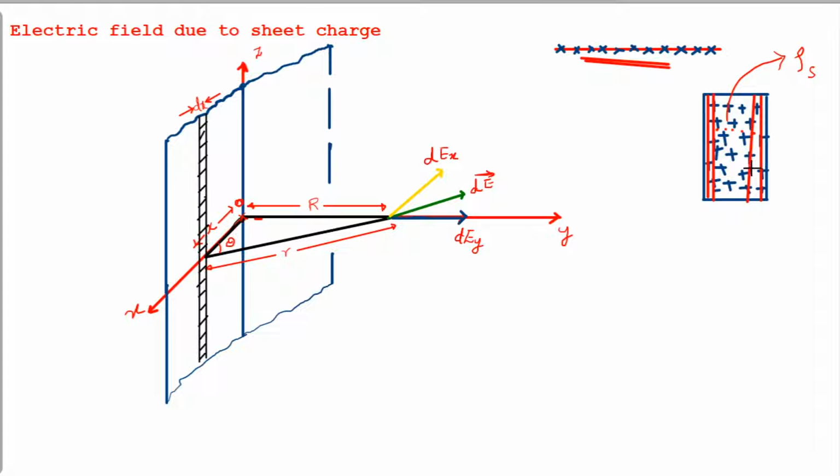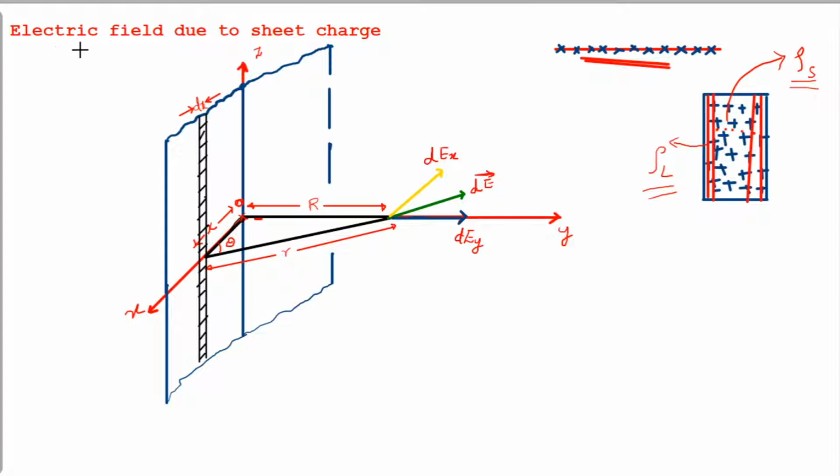So if the sheet charge density is rho s, then the line charge density of each line is rho, right? Each line making this sheet will have its own line density of rho. So first my duty is to relate this rho s and rho.